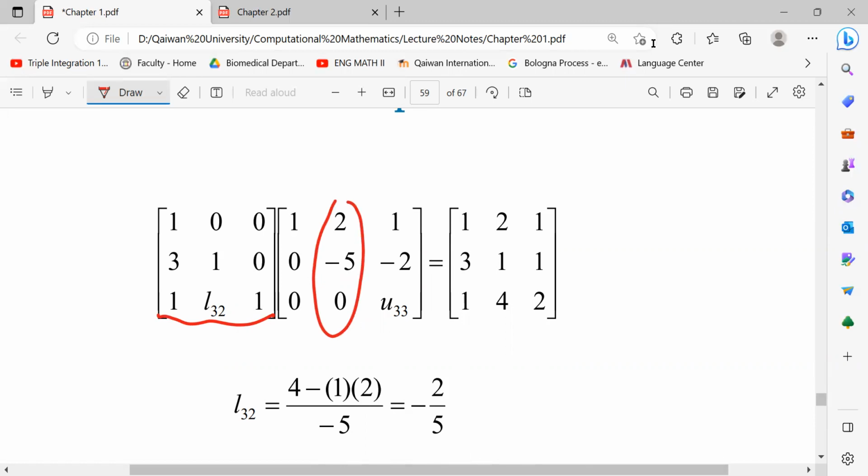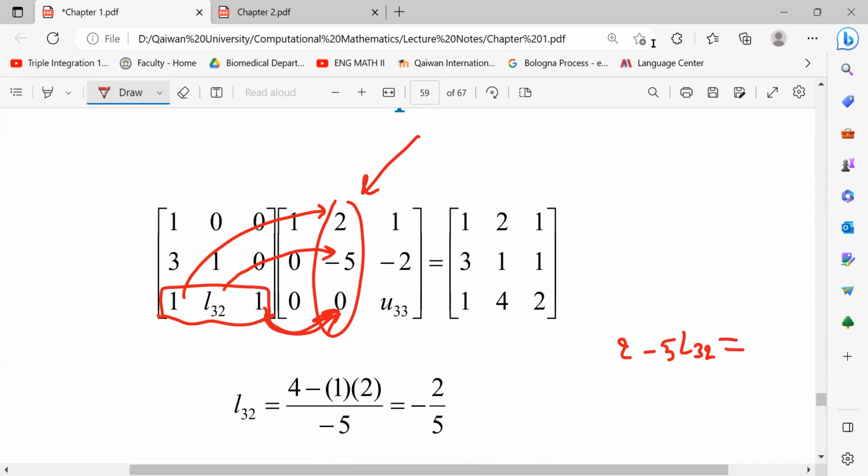We get 1 times 2 plus L32 times -5 plus 1 times 0. 1 times 2 is still 2, minus 5 L32, plus 1 times 0 is 0.